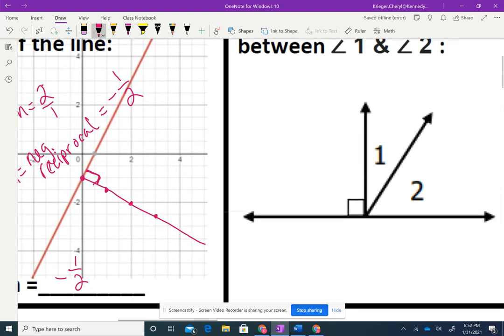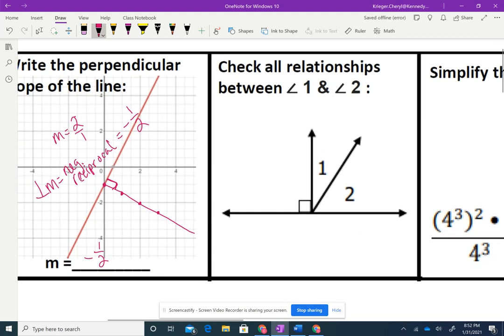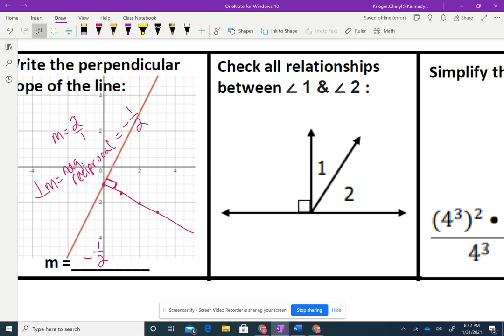Okay, so column 3, I guess I can zoom out now. Column 3 says to check all relationships between angle 1 and angle 2. So what choices do you have? Are they adjacent? Are they next to each other? Yes. Are they complementary? Put together, do they make 90 degrees?